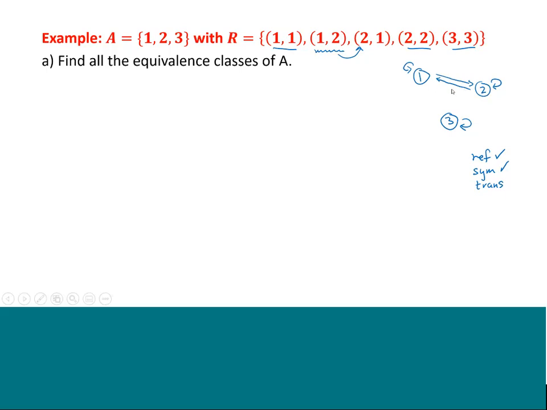We have both directions. Now, we are missing arrows between 2 and 3 and 1 and 3, but that doesn't change the property of whether it's symmetric or not. All that says is it's a different equivalence relation than if you actually had arrows over here that we're currently missing. So at this point, we've got the two arrows going between 1 and 2, so we are totally going to be symmetric.